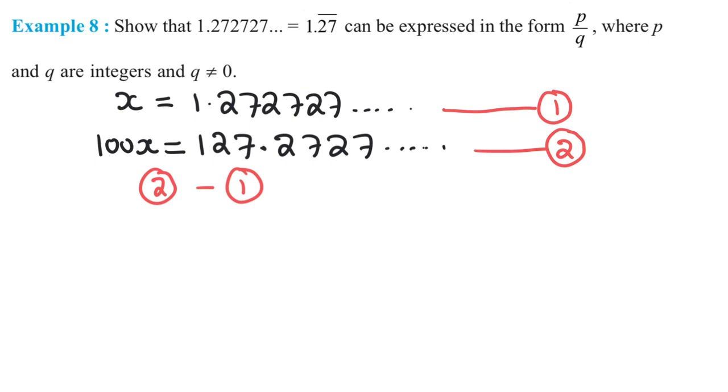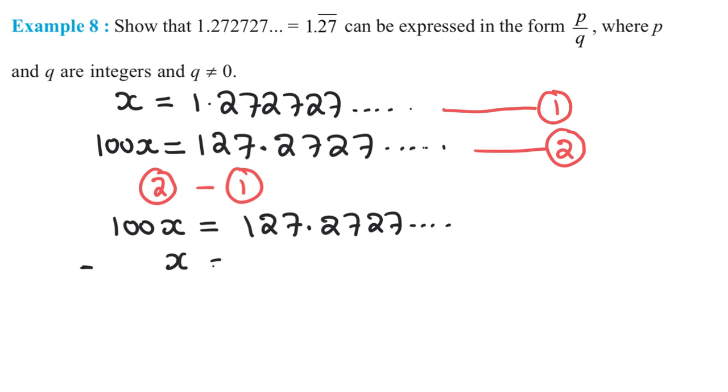So second equation, let us write them down. Like 100x is equal to 127.2727 and so on, minus x is equal to 1.2727 and on and on and on.